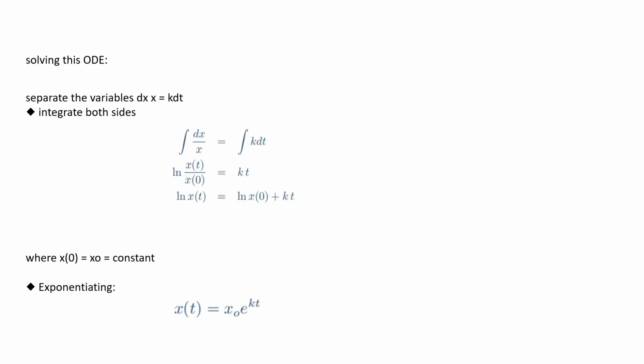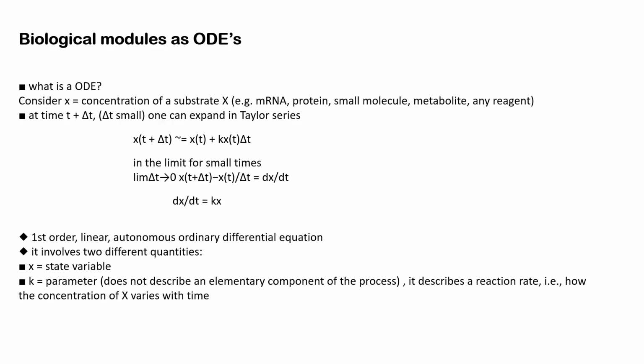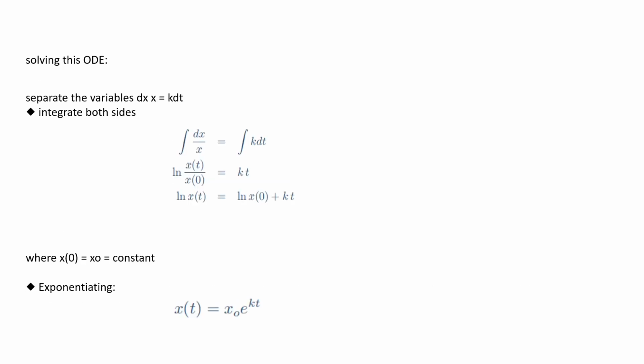Okay, so how do we solve this ODE? This is a very simple ODE, dx/dt equals kx. You can simply separate the variables, so it will be dx/x equals k dt, and then you do simple integration on both sides and you get a logarithmic equation: log of x(t) equals log of x naught, where x naught is the initial condition, plus kt.